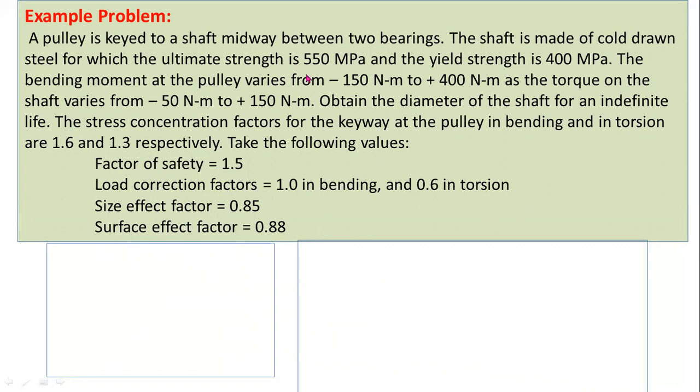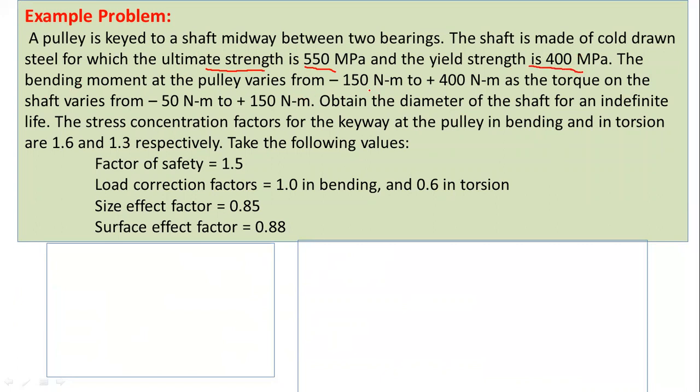So this is the given question. From the given question, first you have to identify the given data. Ultimate strength, sigma u equal 550 megapascal. Yield strength, sigma y equal 400 megapascal.